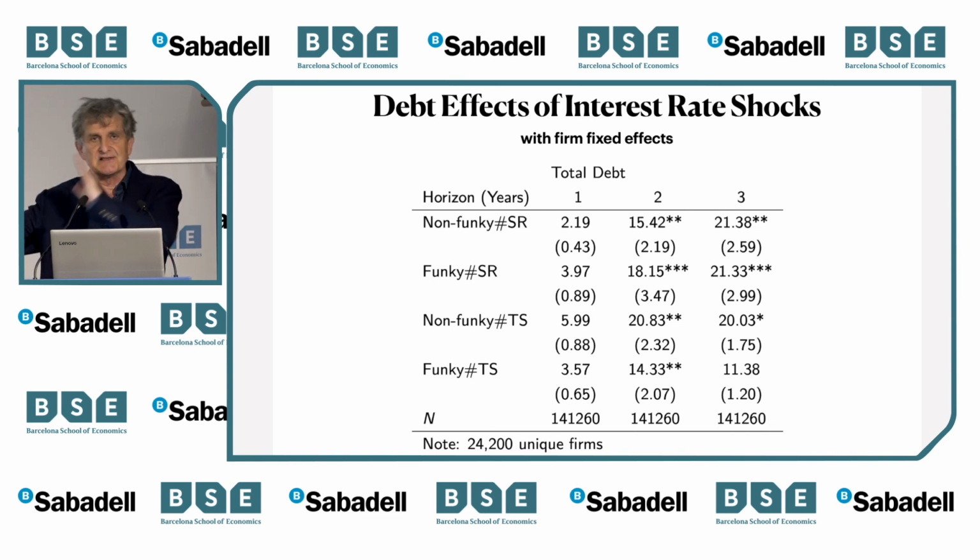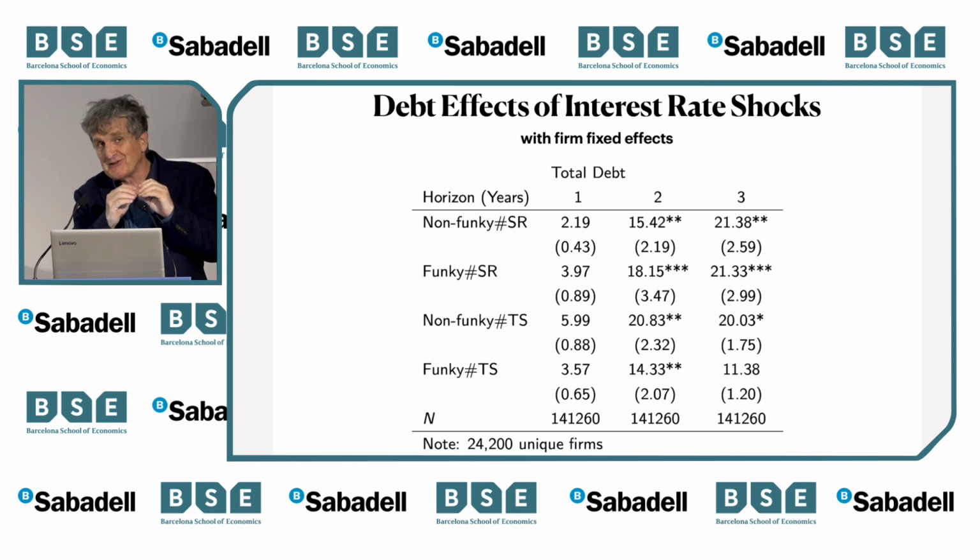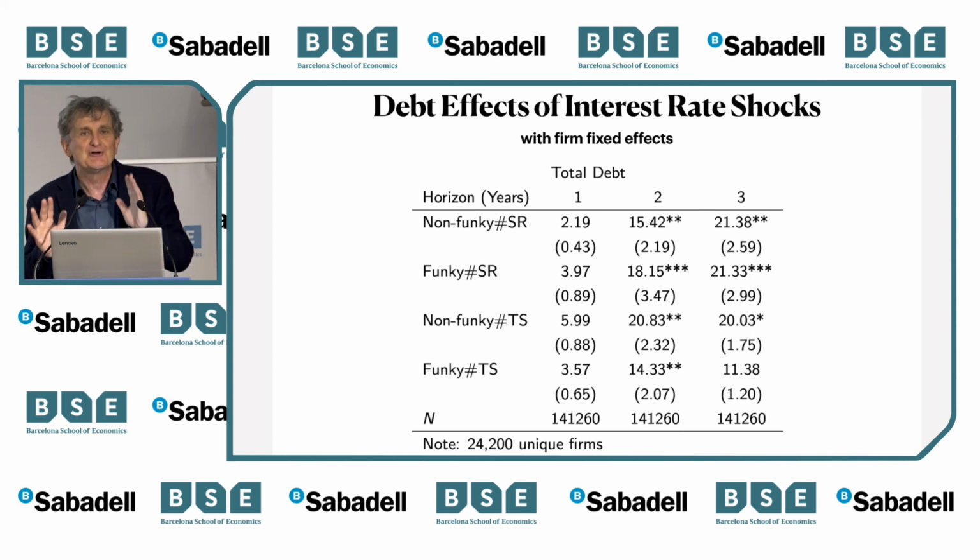This is looking at the other side of the balance sheet, but we would like it to be the case that this notion that the long-run interest rate or the term spread doesn't affect investment should find echo on the liability side of the balance sheet, that the level of debt also shouldn't respond so much to a fall in the term spread.